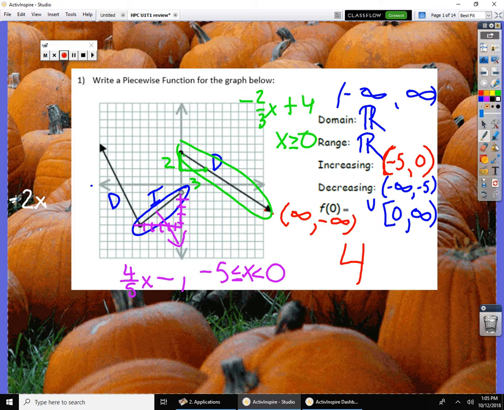Unfortunately, if I try to continue the pattern, there is no room on the grid. So you have to pick a good point. I'm going to pick this point right here, which happens to be 1, 2, 3, 4, 5, 6, 7, a -7, -1. So when I plug it in, what's -2 times -7? It is 14.